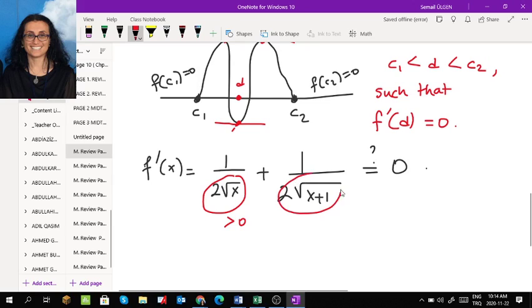A positive number can never be equal to 0. So we get a contradiction.